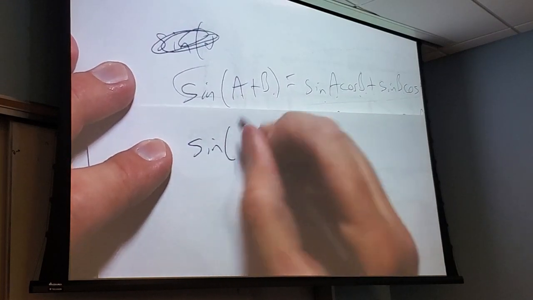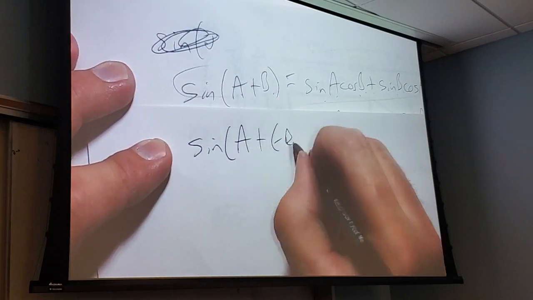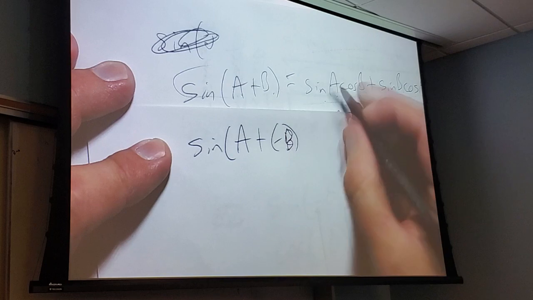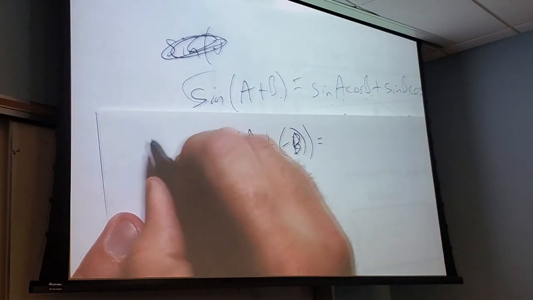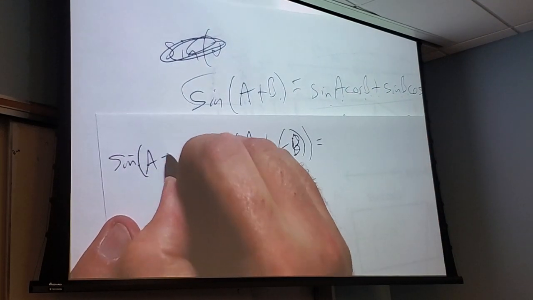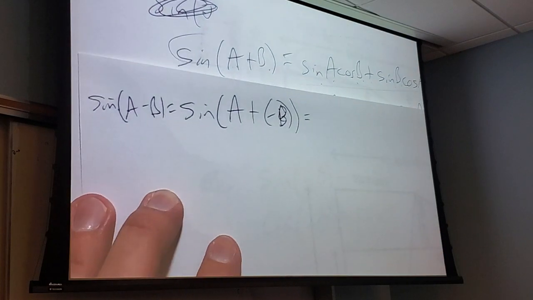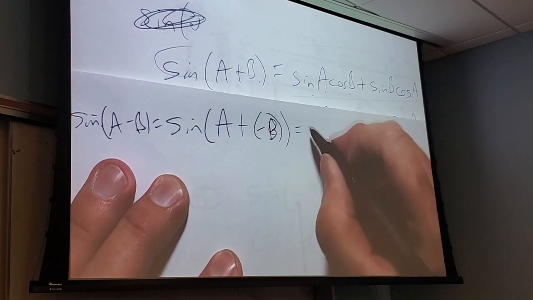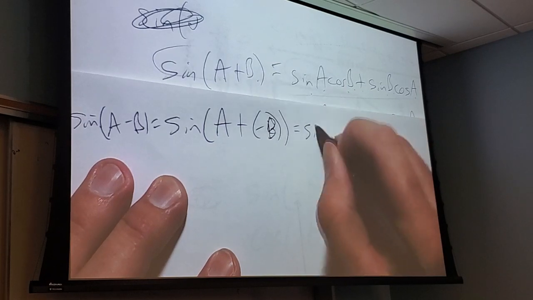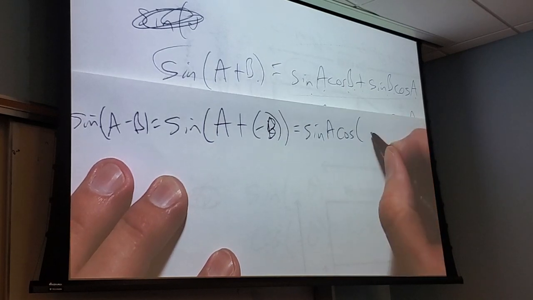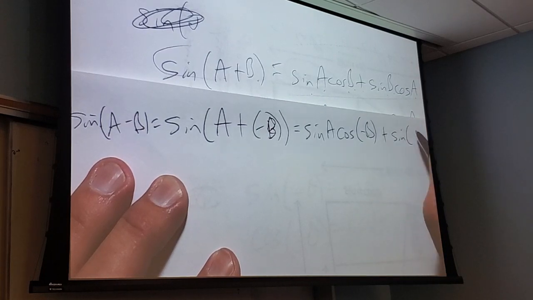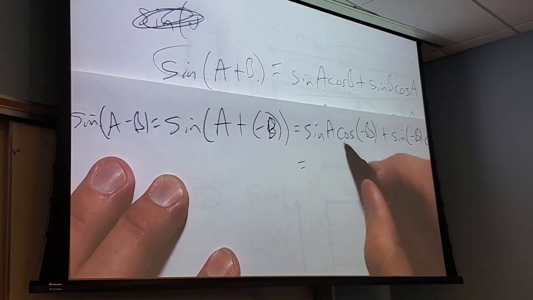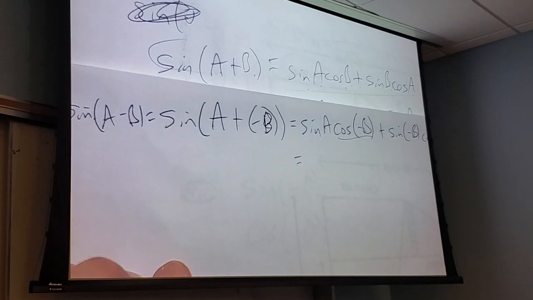So what is sine of A plus negative B, also known as sine of A minus B, right? Same idea. Let's do it. Isn't that sine A cosine of negative B plus sine of negative B cosine A? Now remind me, what's cosine of negative B?